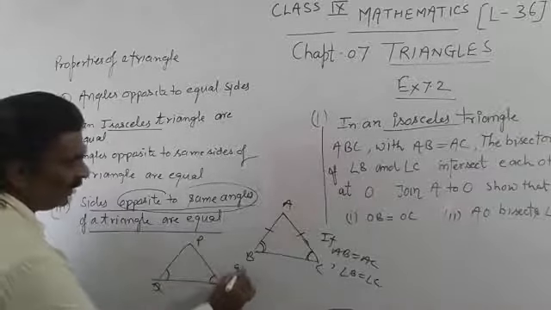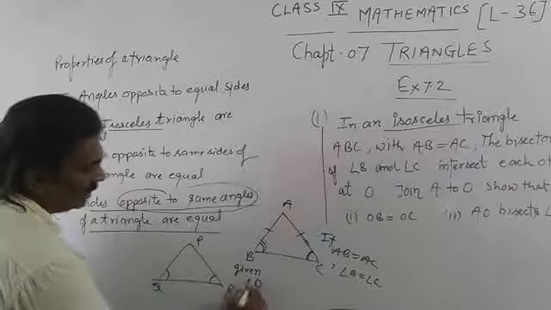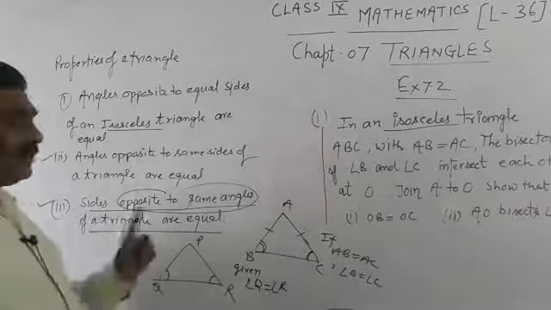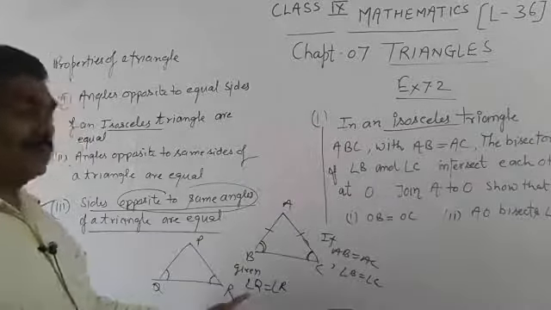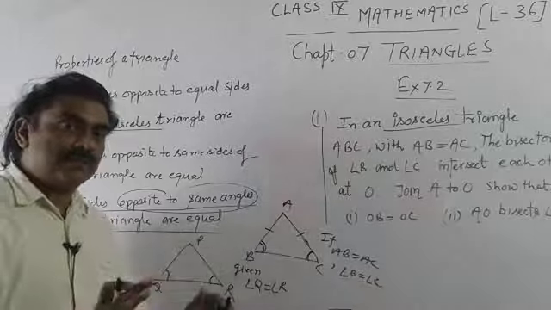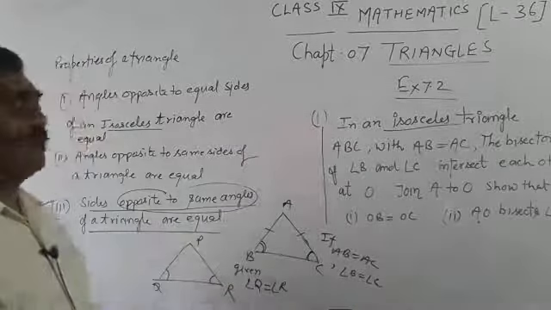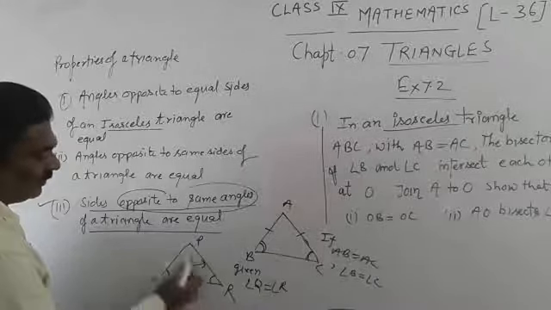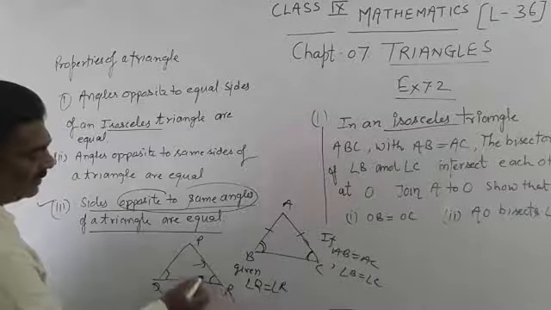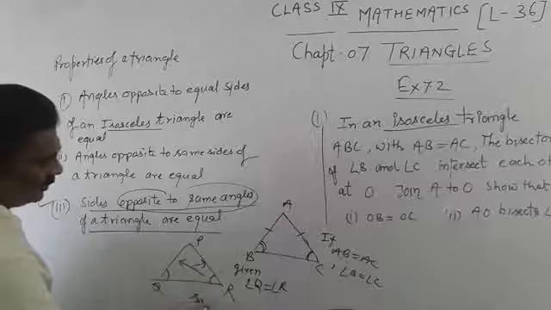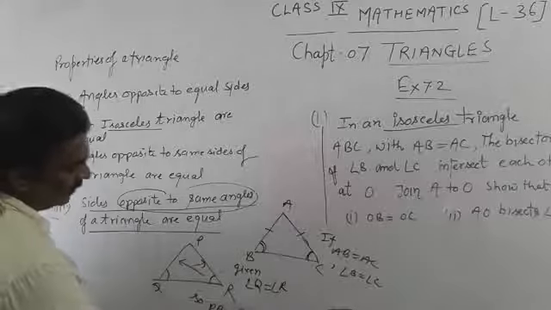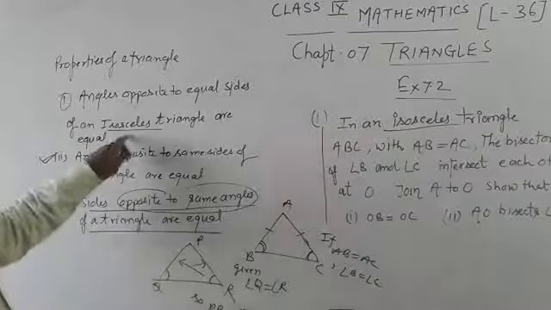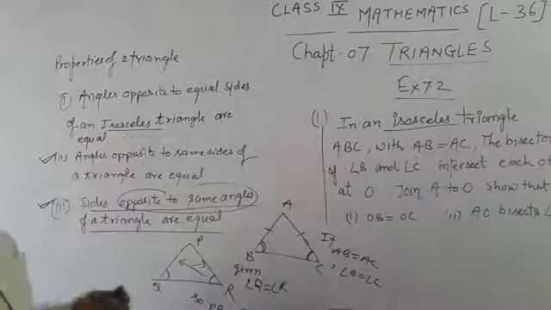So it is given that angle Q is equal to angle R. Two angles are equal. Then according to the property, if angles are equal, then the sides opposite to those angles will also be equal. The side opposite to Q is PR, and the side opposite to angle R is PQ. So PQ is equal to PR. Okay students? So these are key properties, but the first property belongs to only the isosceles triangle.